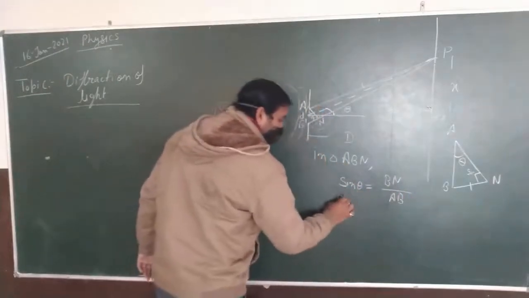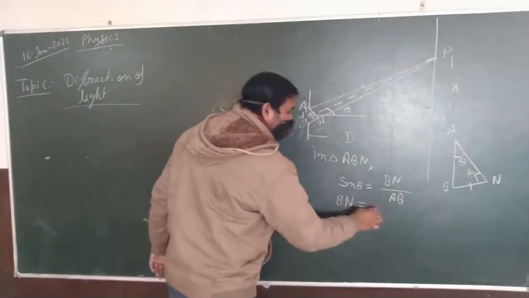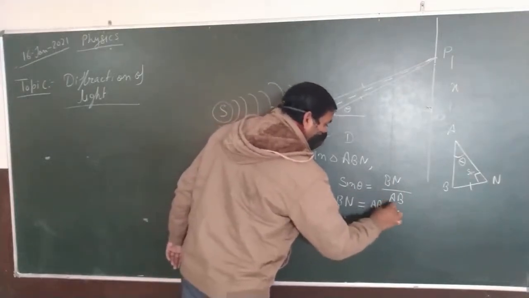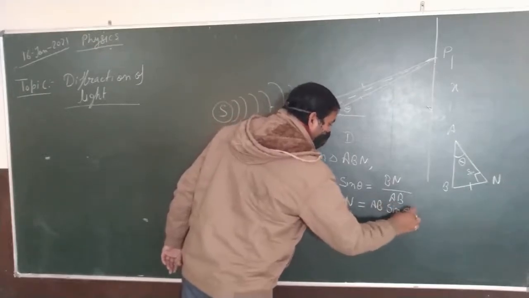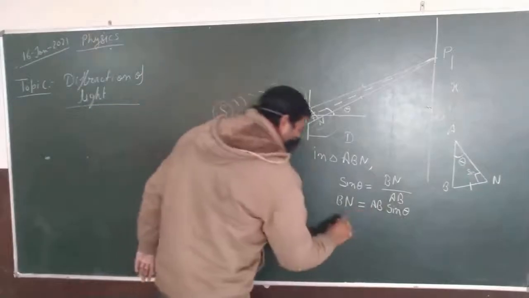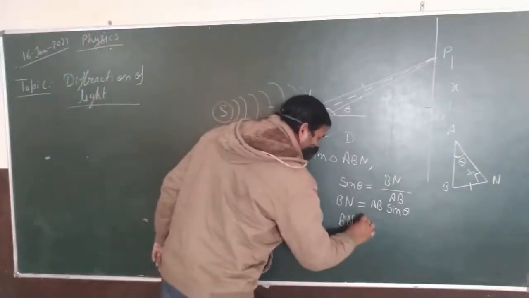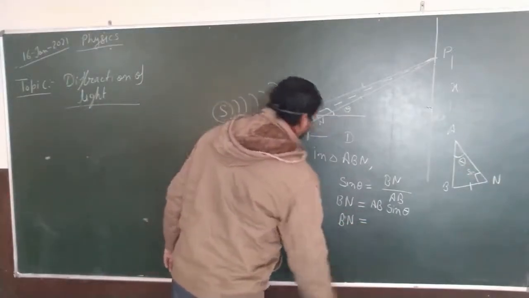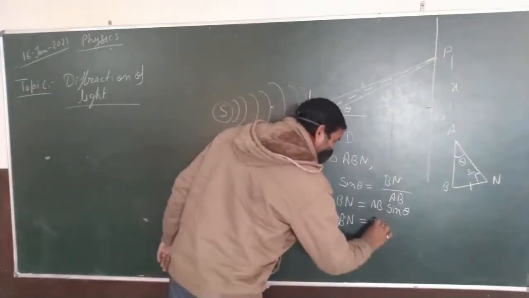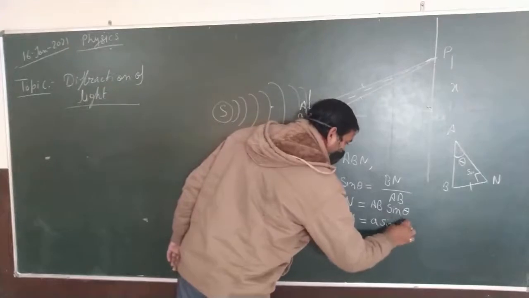So BN is equal to AB sine theta. Clear? And the value of AB is the slit width, let's say a. So BN is equal to a sine theta. Clear?